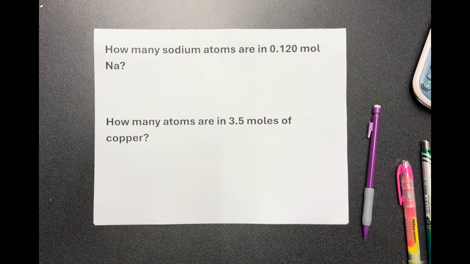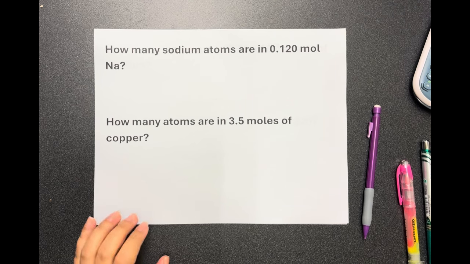But in chemistry, we're not going to be finding out how many eggs are in a dozen or how many dozens are in how many eggs. We're going to be talking about molecules, atoms, moles, grams. So this question says, how many sodium atoms are there in 0.120 moles of sodium?